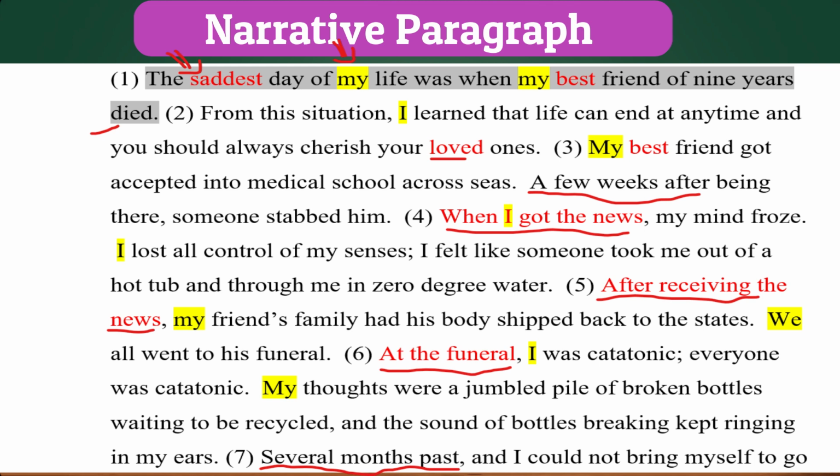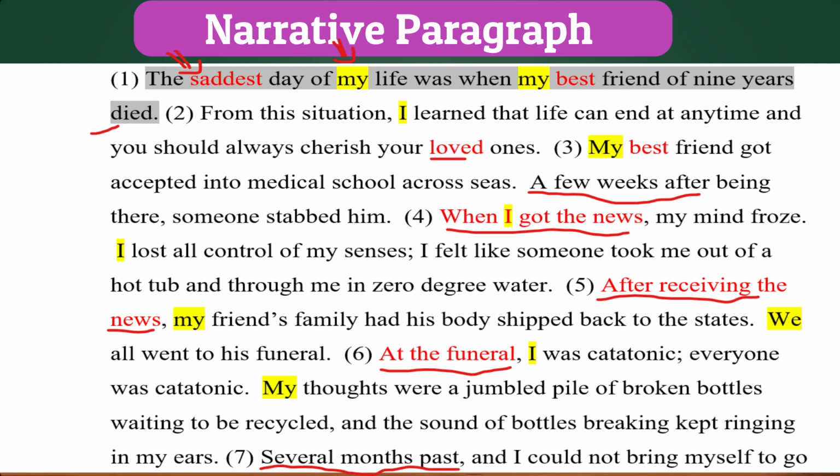Here is a kind of advice. He also used the other adjective, loved, the verb to cherish, and the adverb always. He is giving us advice. My best friend got accepted into medical school overseas, and he is his best friend, so he used the adjective best.